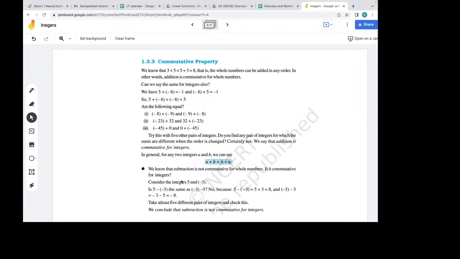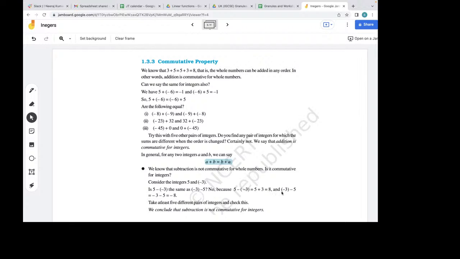And for integers, it is the same. If you take this example, let's take 5 and minus 3. Is 5 minus 3 the same as minus 3 minus 5? No, because 5 minus minus 3 is equal to 5 plus 3, which is equal to 8.